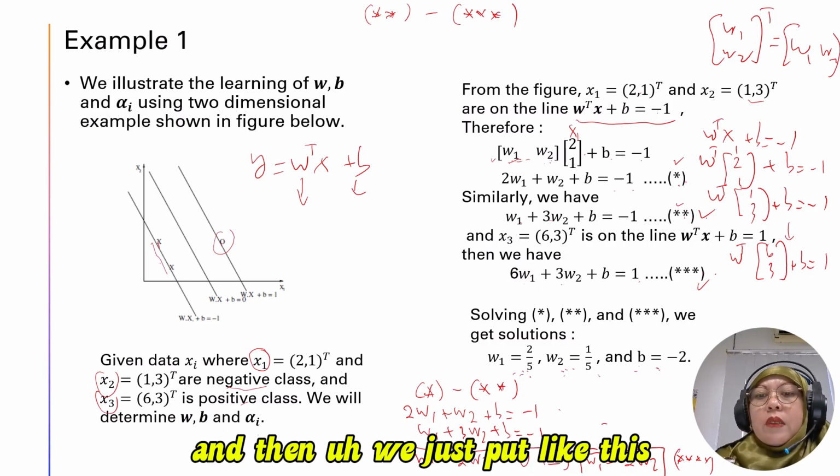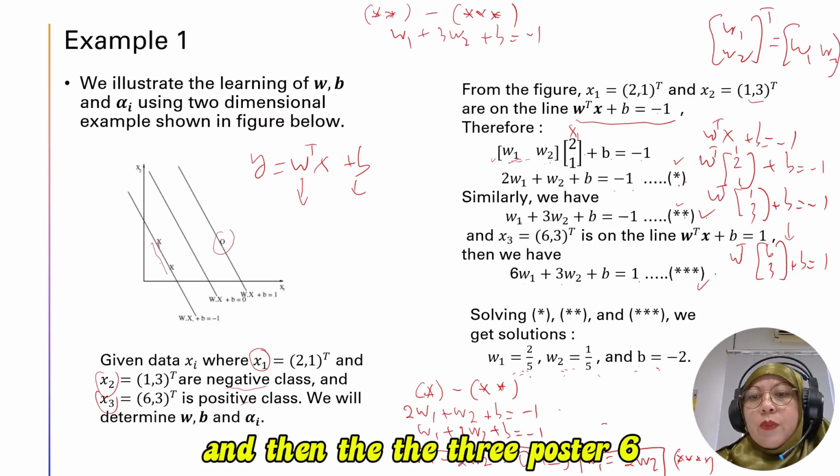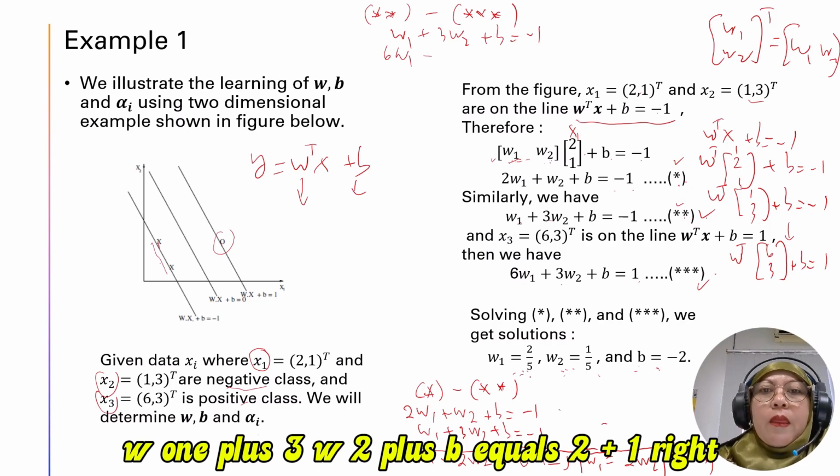Okay, and then we just put like this, W1 plus 3W2 plus B equals to -1, and then the triple star, 6W1 plus 3W2 plus B equals to +1, right?